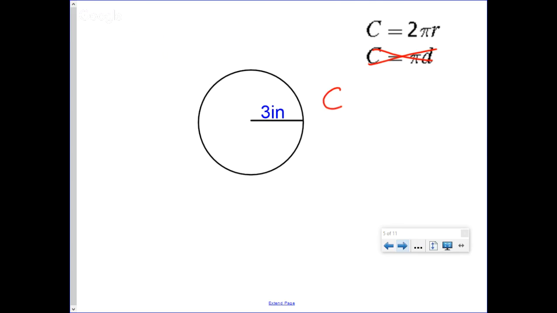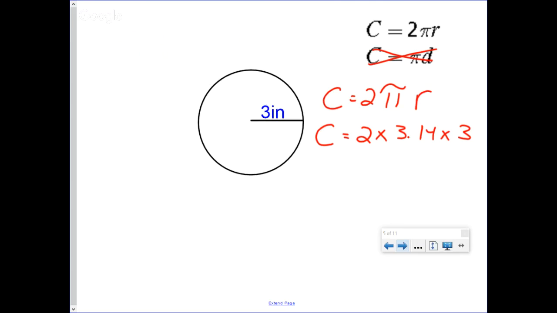So write down the formula first. C equals 2 times pi times R. C is circumference. Circumference is equal to 2 times, what is pi? 3.14. What is R in this circle? 3 inches.